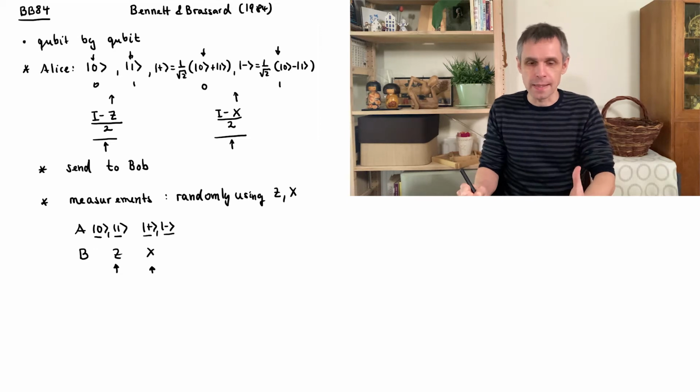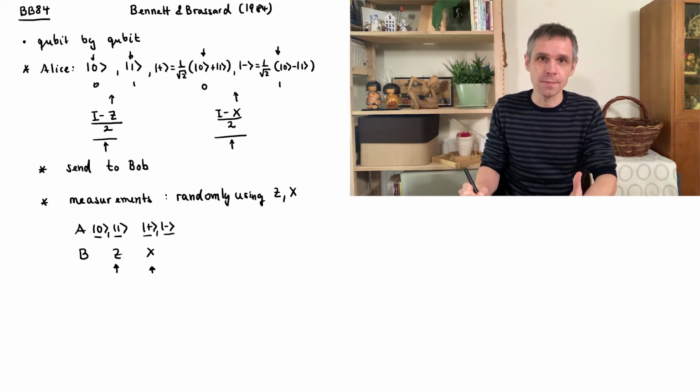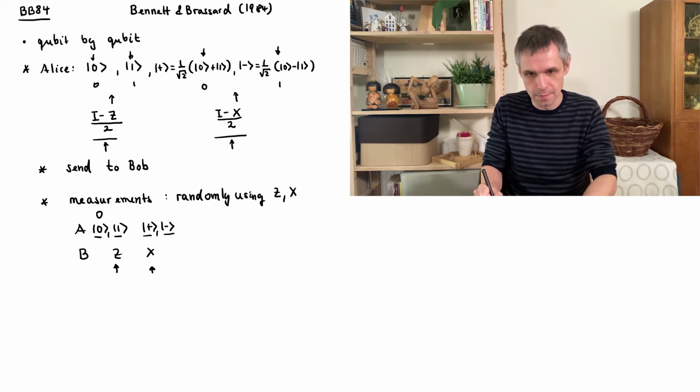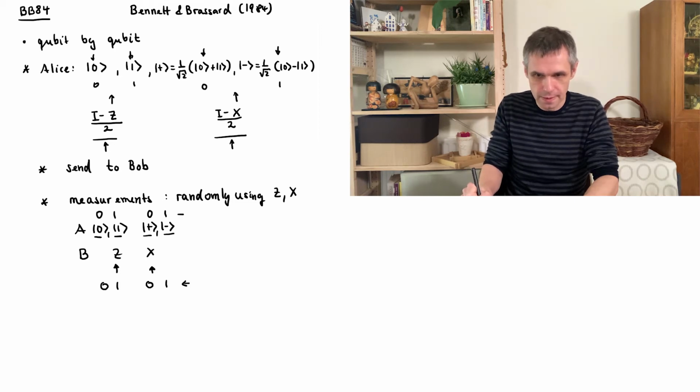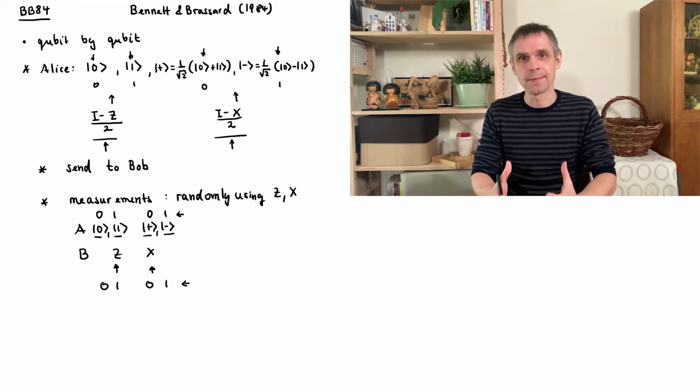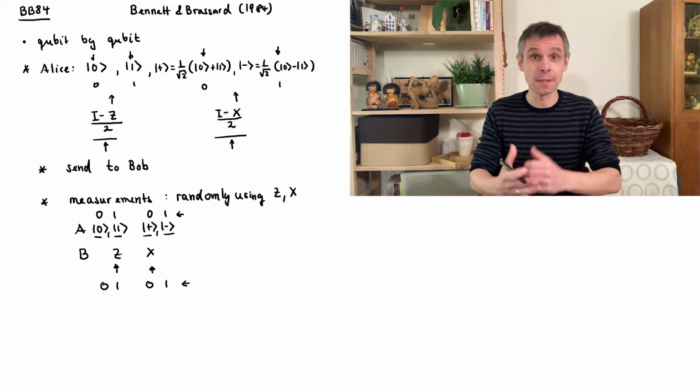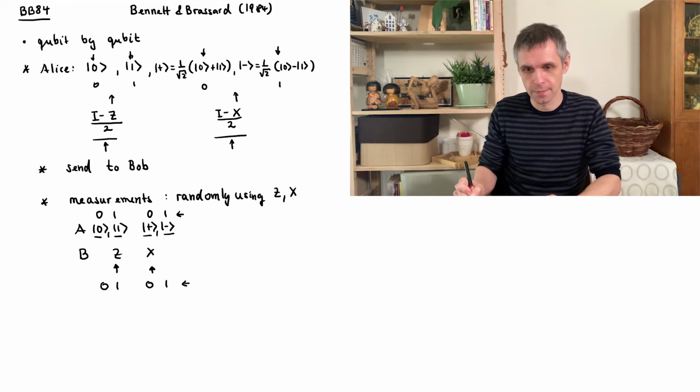And in all of these cases, the measurement outcome which Bob obtains coincides with the classical bits which Alice has assigned to these quantum states. So when Alice assigned these classical bits to these quantum states, and Bob carried out these specific measurements here, then his measurement outcomes simply coincide with these classical bits here. And whenever this happens, these bits qualify as a part of a key.